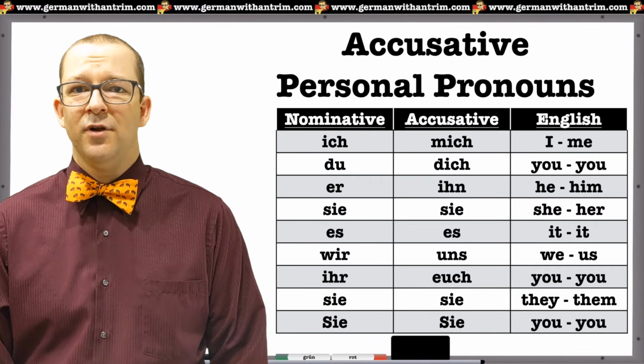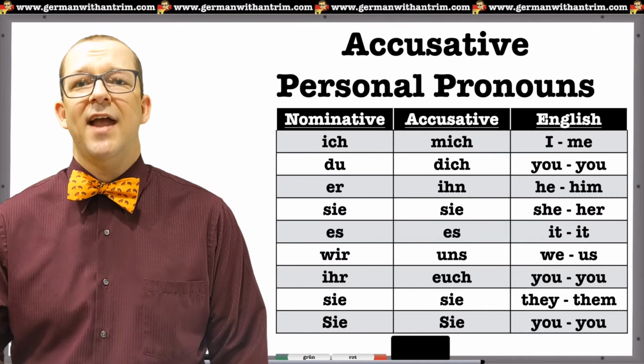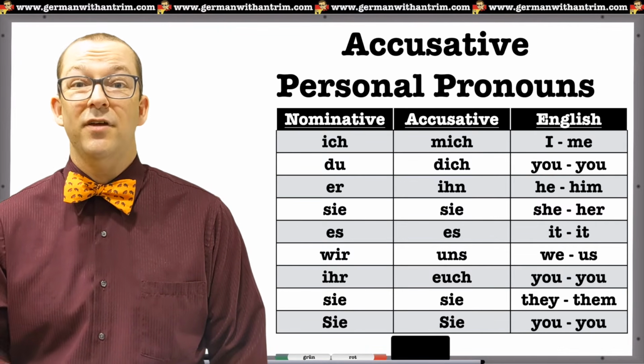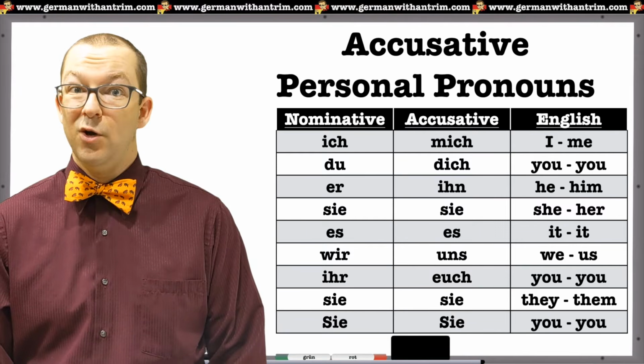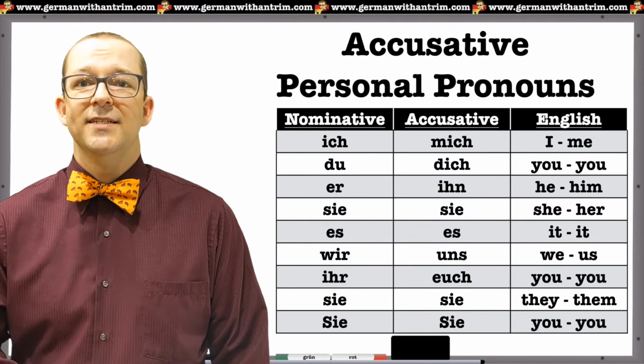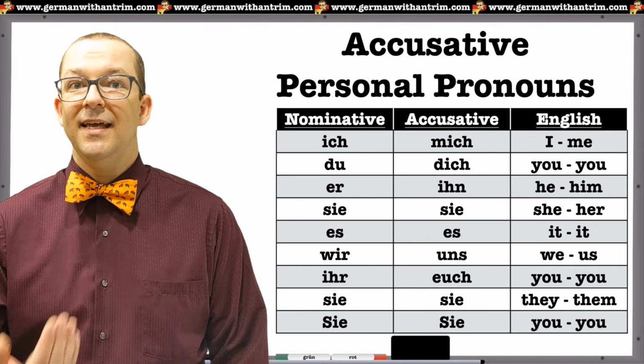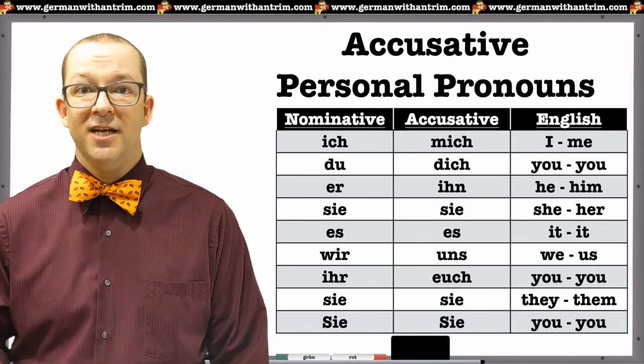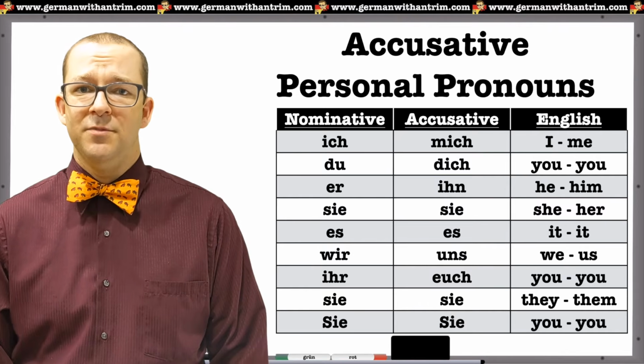Now that we have the general idea out of the way, let's look at our handy-dandy personal pronouns chart to see which pronouns change and how they change, as well as seeing which ones don't change. In this chart here, we can see I and me, ich and mich. Ich is used when it's the subject, mich is used when it's the object.